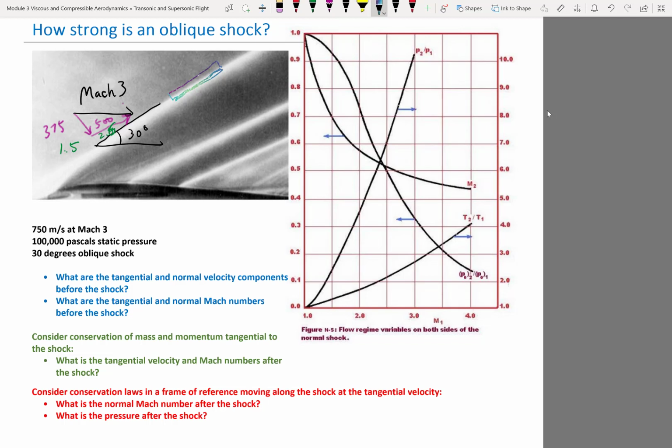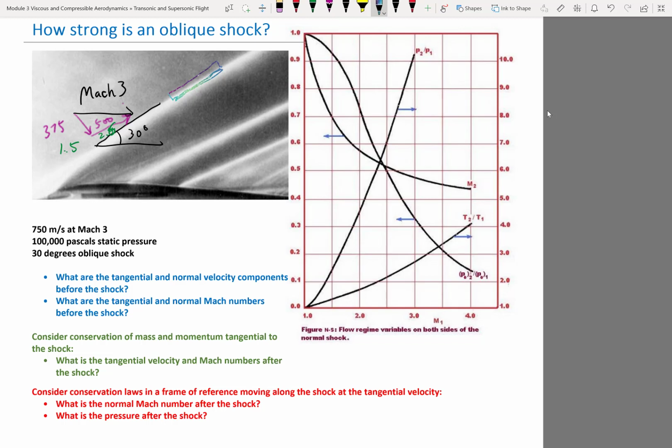It is the density before the shock times the normal velocity. That has to equal the density after the shock, which is changed, times the normal velocity after the shock, which is also changed.